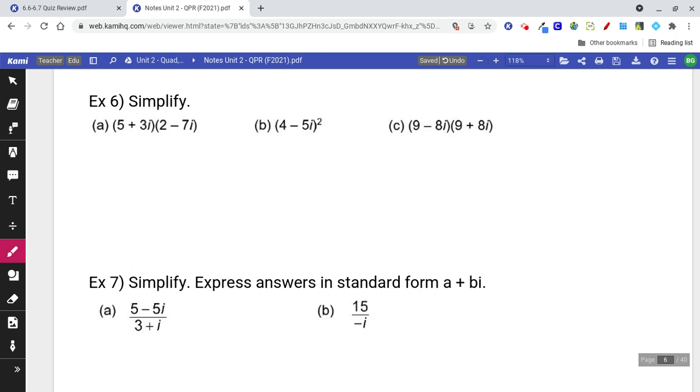Next, example 6, we're going to have to distribute. This is a multiplication problem. So let's check it out. Treat the i just like a variable. I'm going to distribute the 5. I've got 5 times 2 is 10, and 5 times negative 7i is negative 35i.